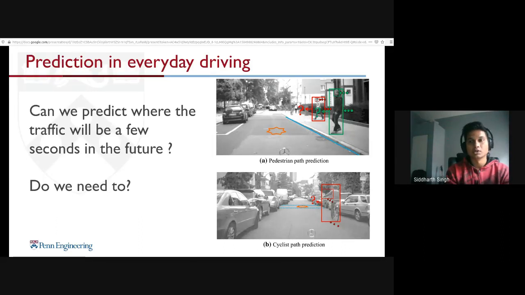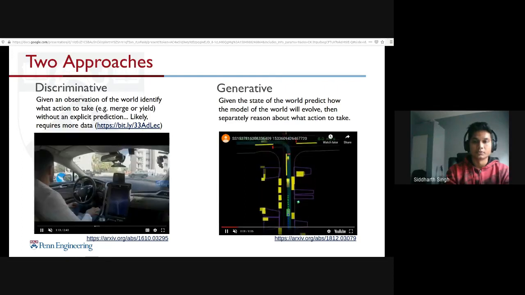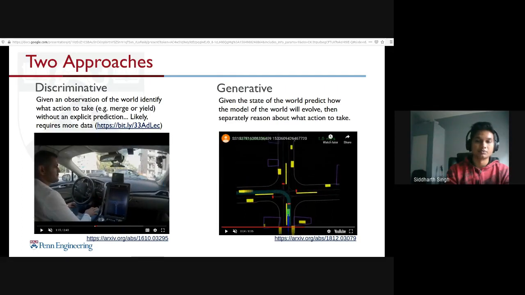So these decision making processes are no longer based on where the object is currently, but also based on where the object will be in the future. So these are a couple of approaches that are currently being used to perform this prediction. The first approach is discriminative. In order to predict, what will you predict?